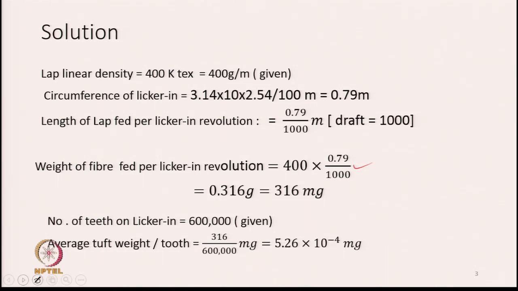So, average tuft weight per tooth is going to be 316 divided by 600,000 in terms of milligram, and we divide 316 by 600,000 and we get the value 5.26 times 10 to the power minus 4 milligram.